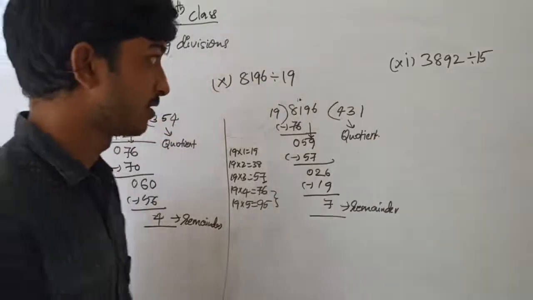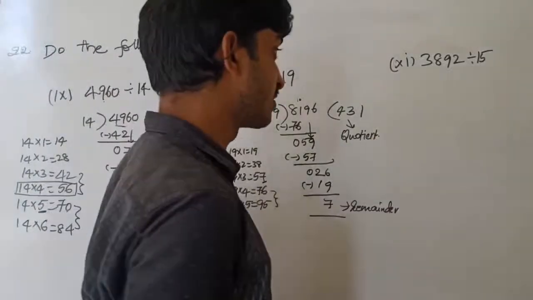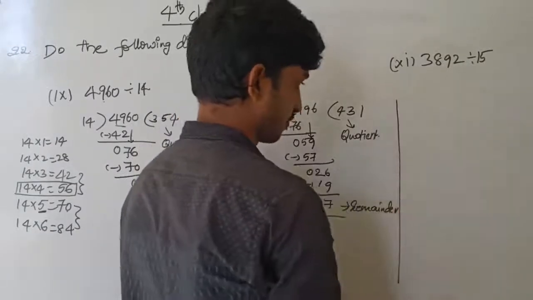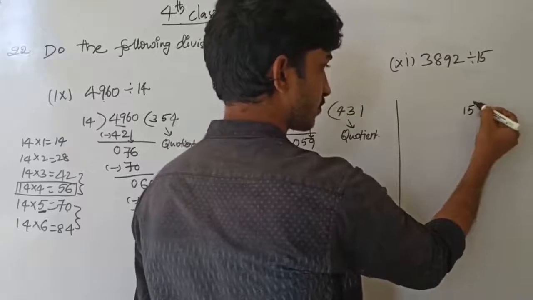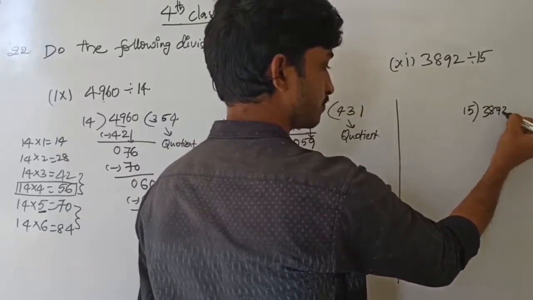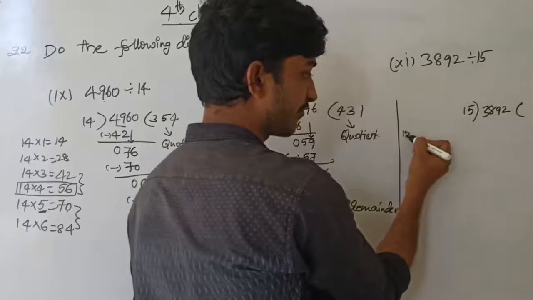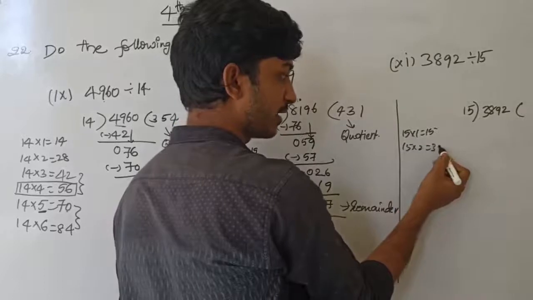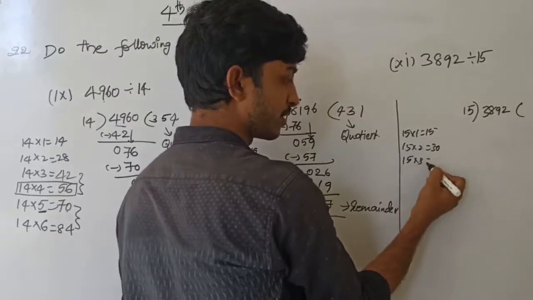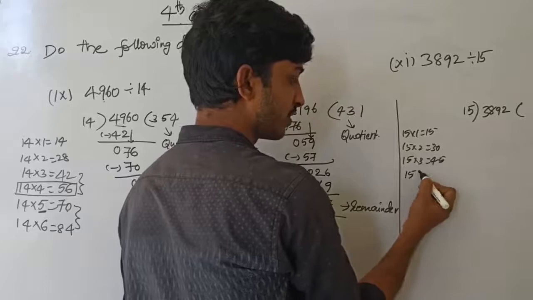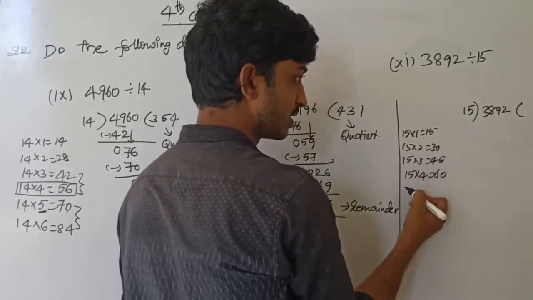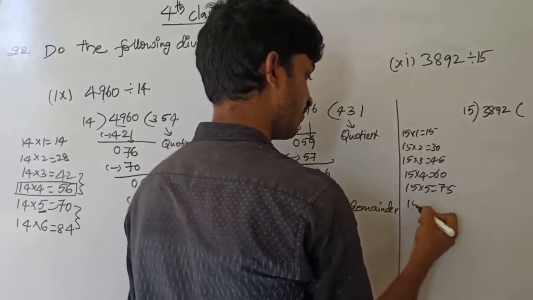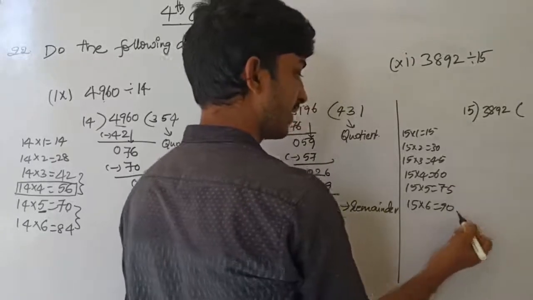Okay children, see the 11th problem. 3892 divided by 15. See here, first I am taking the 15 table: 15 into 1, 15; 15 into 2, 30; 15 into 3, 45; 15 into 4, 60; 15 into 5, 75; 15 into 6, 90.